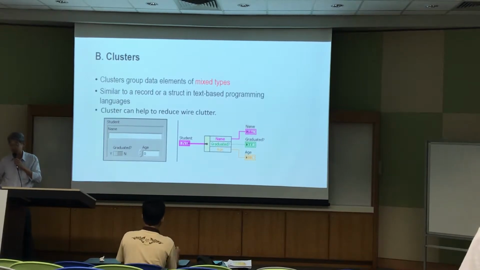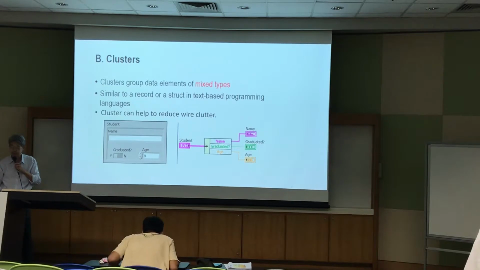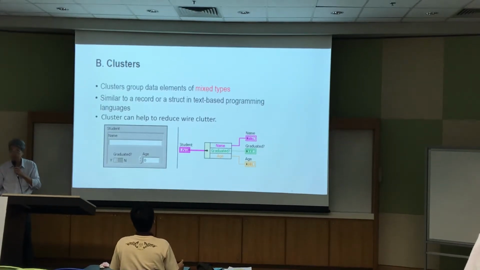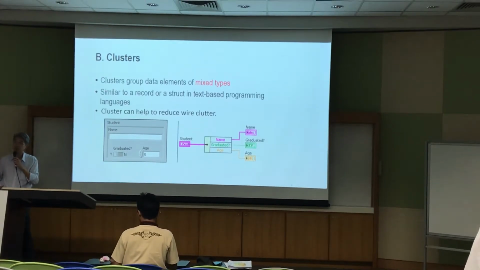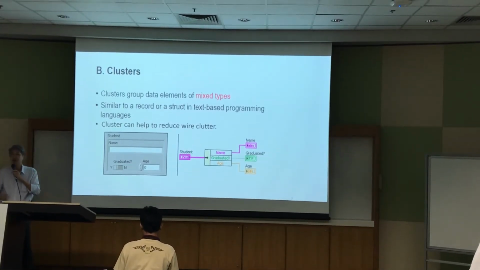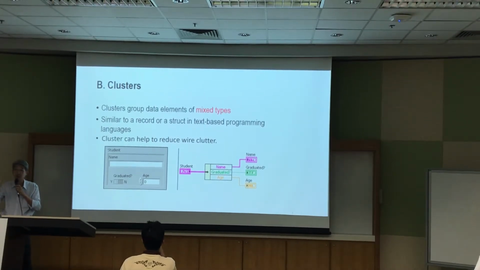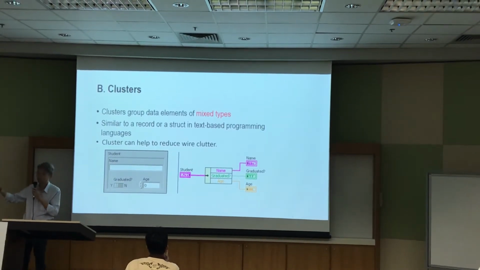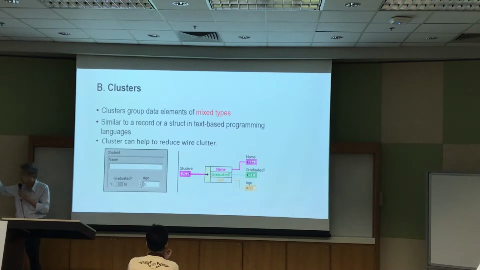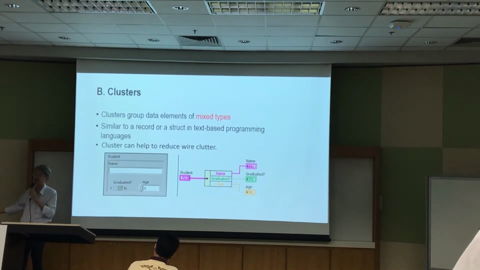After arrays, we talk about clusters. One good thing about clusters is that it allows you to mix data types into one block. Not like arrays. With arrays, you have to have the same data type in each defined array. Either the array elements are all Boolean in one array, or in another array you define separately, with a different name, numerics, or string type.